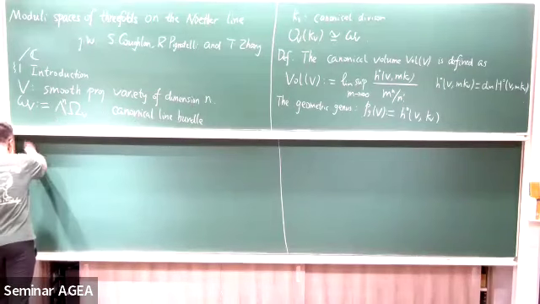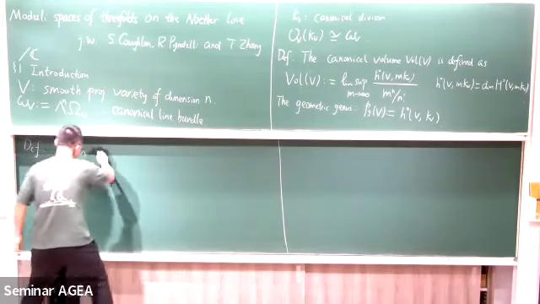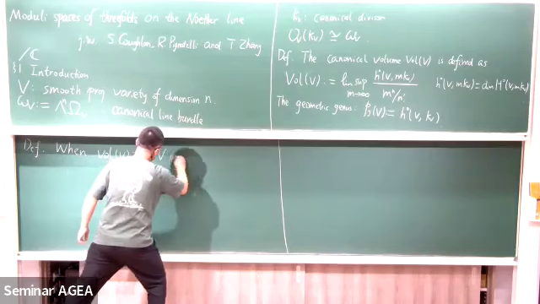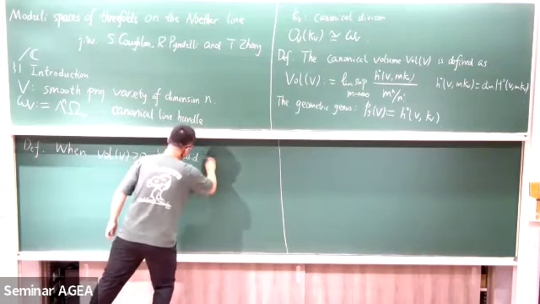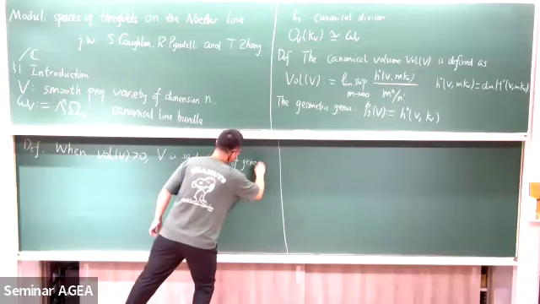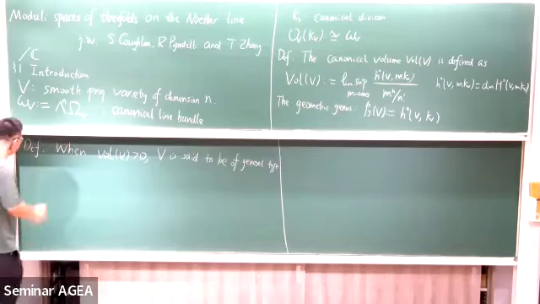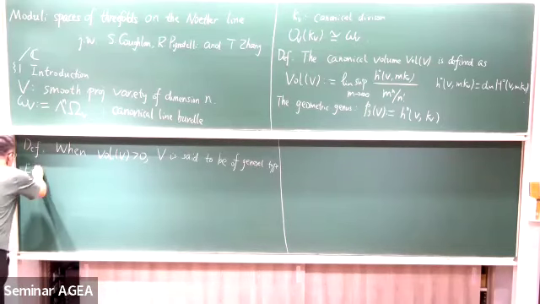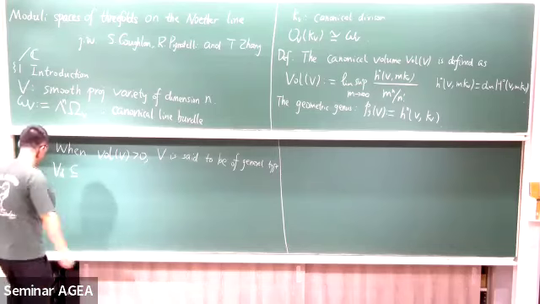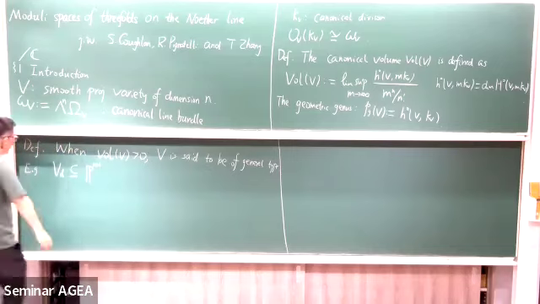When the canonical volume is larger than 0, V is said to be of general type. We have the following example. We can consider the smooth hypersurface of degree d in P^(n+1).